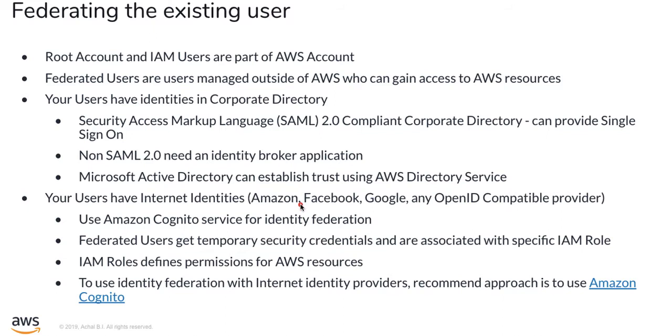access. So those users can have identities in a corporate directory. Basically it means that in a separate entity or a separate on-premise network, you already have a directory or user accounts created, and you want to provide all the users under your company access to AWS resources.